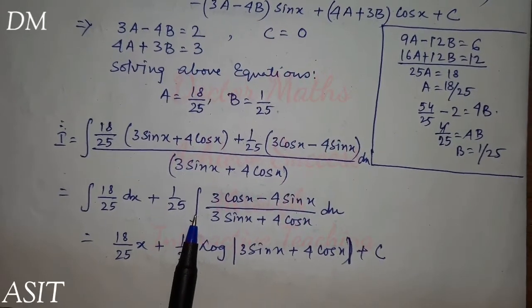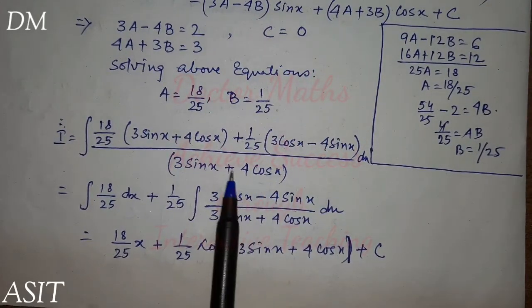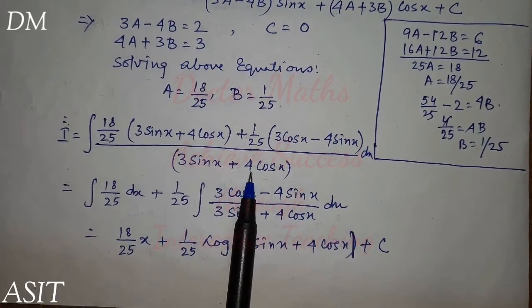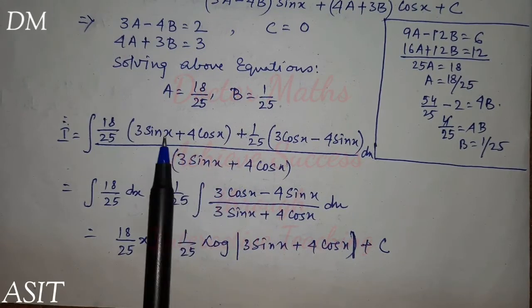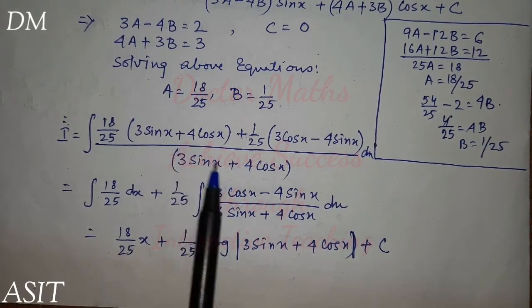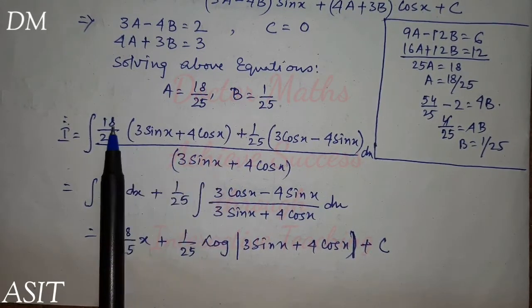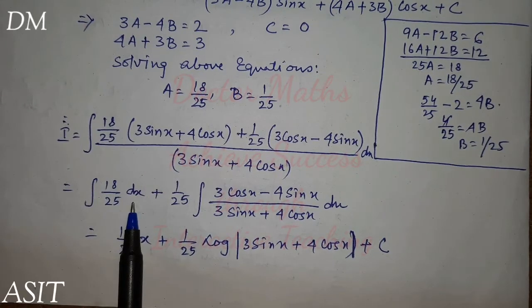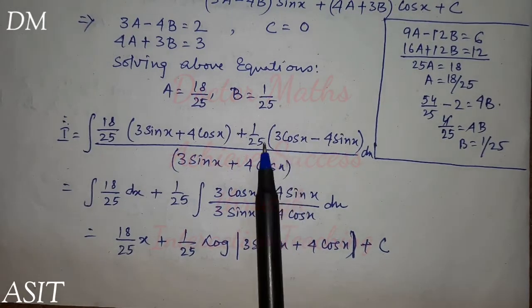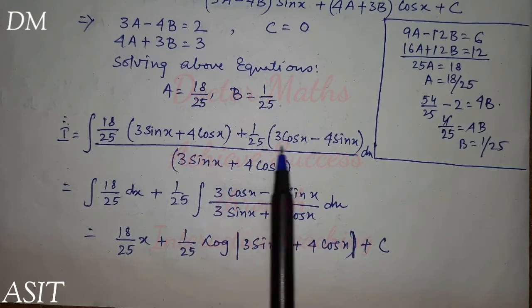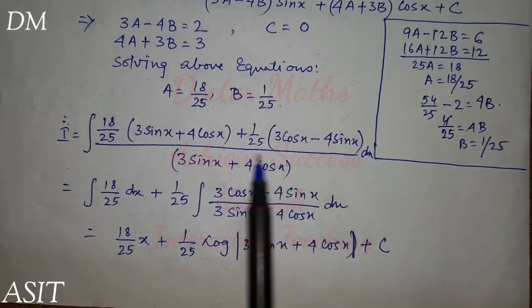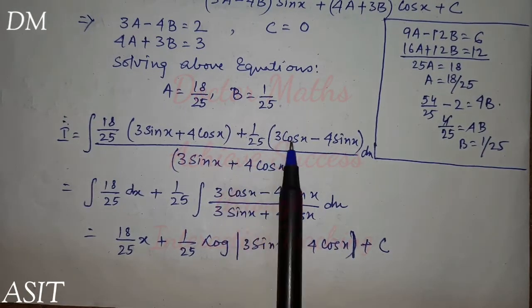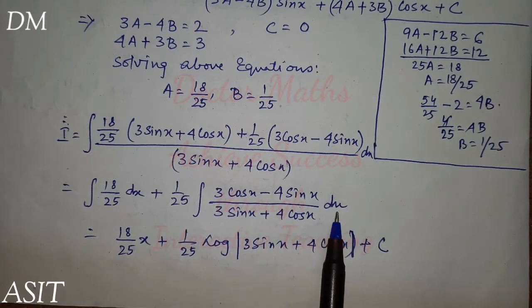So next I will distribute the denominator. If I distribute the denominator, first of all it will cancel out with this term, so it will be 18 by 25 dx. And here it will be 1 by 25 outside, then the differentiation of the denominator by the denominator dx.